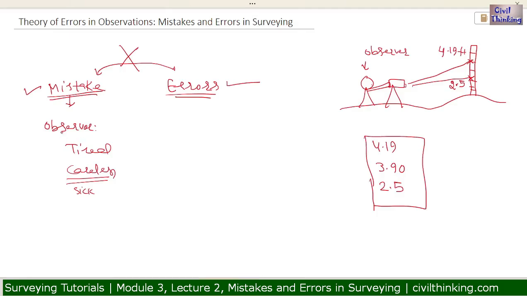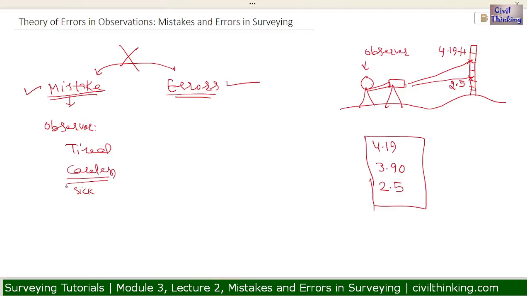This is the reason I advise you, when you are in the field doing surveying, make sure you are well, you are not sick, you are healthy, and also you are fresh, you have taken a shower and you are very active. If you are active and you are using your mind carefully, you can avoid these mistakes.